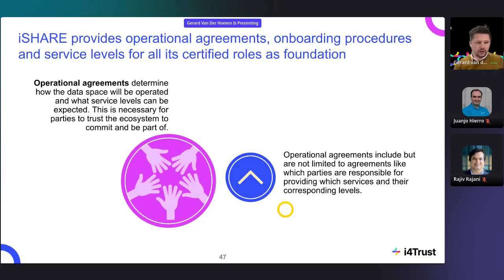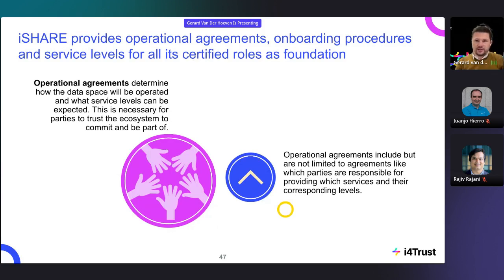But it wouldn't work if you only sign something and it's forgotten. That's where the core component, the iSHARE satellite that Rajiv already introduced, the central registration component, generates that credential, so you can constantly verify whether parties are legally covered, technically validated, and onboarded in the right procedures.